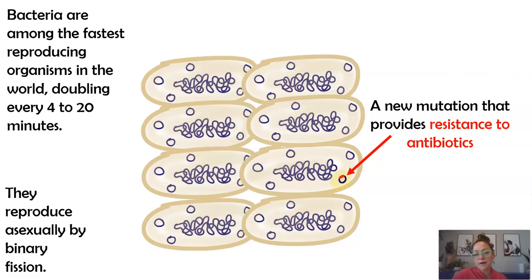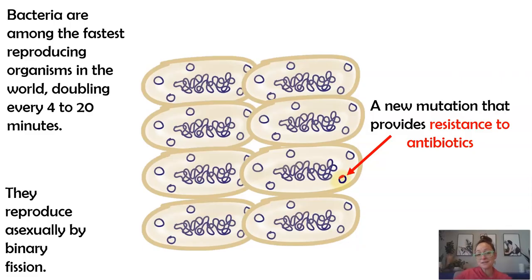Maybe the antibiotic targets a certain enzyme, and if it destroys the enzyme, the bacterium can't survive. Well, what if this mutated gene creates a different shape of the enzyme, and now the antibiotic doesn't work against it? It's something like that.